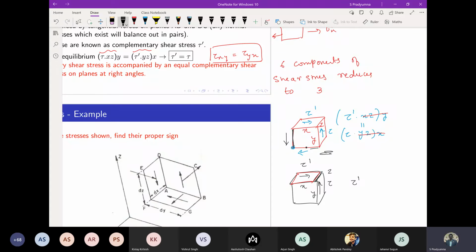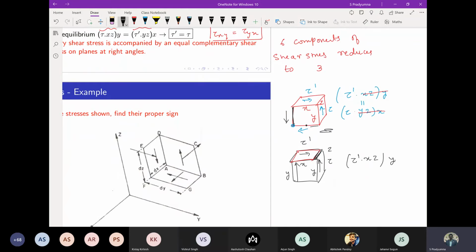Tau dash is the shear stress, force per unit area, into area, that is xz is the area of this plane, is the force. It's at a distance of y. So that is the moment, right? Yes, sir. Similarly, if I go to this force, it is tau into y into z. This is the force, at a distance x.